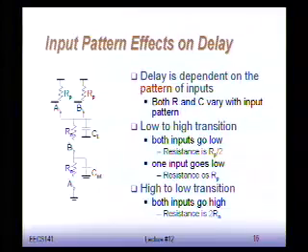So it turns out, in general, you try to equalize the worst case low to high transition to the worst case high to low transition. So you take the worst case of both. One is going to be determined by Rn, and one is going to be determined by Rp, right? And then you try to make this Rn equal to this other Rp. And that's how you size it.